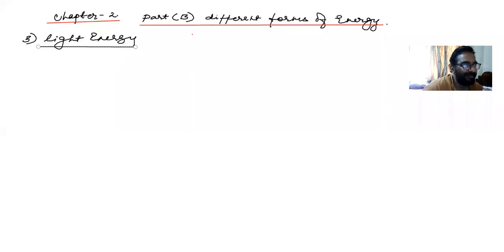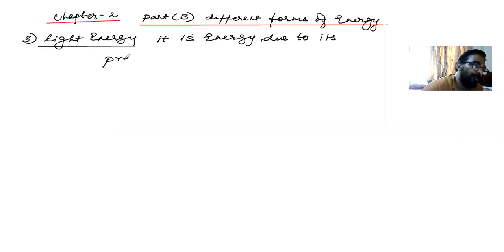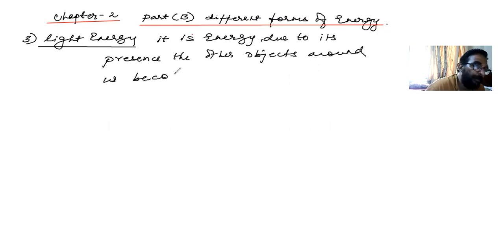Light energy is the energy due to whose presence the objects around us become visible.